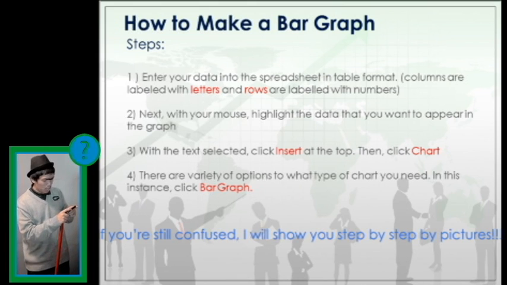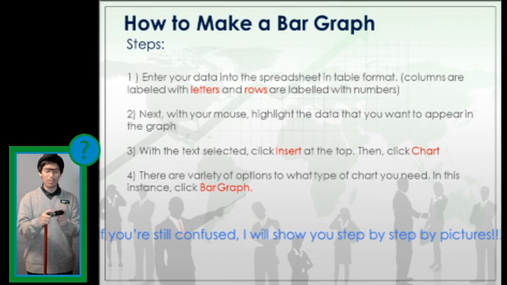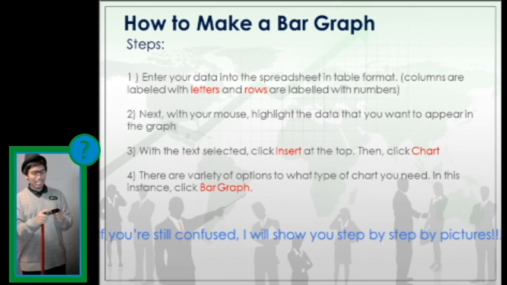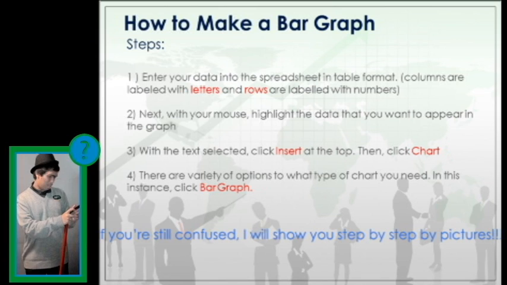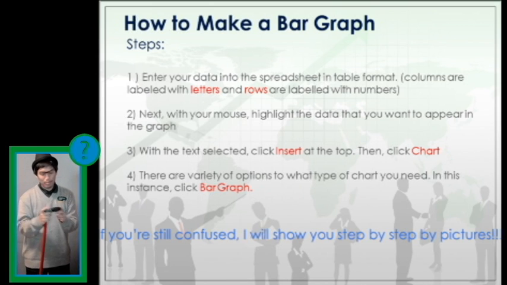Step 2. With your mouse, highlight the data that you want to appear in the graph. With the text selected, click Insert on the top. Then click Chart. There is a variety of options to what type of chart you would like. Just select whatever one you want.